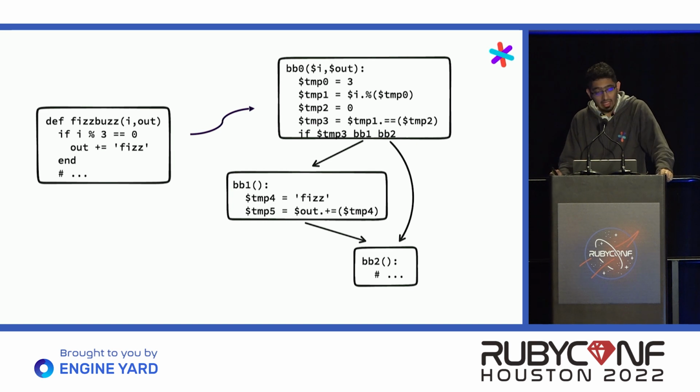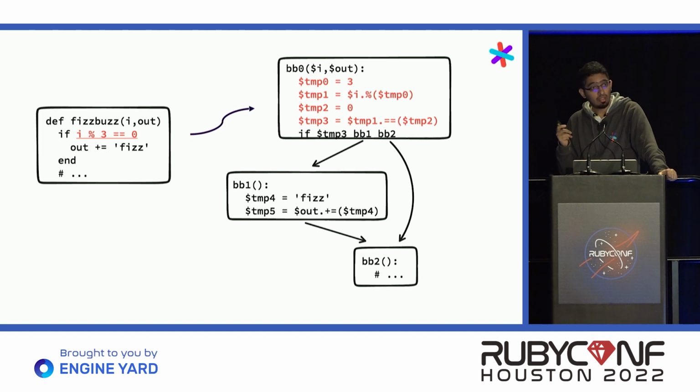And so the index needs to describe the source code. The control flow graph is an implementation detail, but we're working with the control flow graph. So we need to understand the correspondence between the source code and the control flow graph if we're to emit the index correctly. So first, let's look at the expression inside the if, which is i mod 3 equals 0. As you can see, it's getting translated into 4 different instructions.